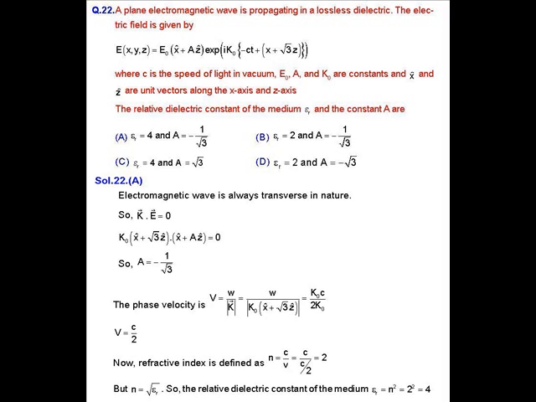So to calculate the relative dielectric constant, that is ER, we square the refractive index. So the relative dielectric constant of the medium will be equal to 2 squared, that is 4. So the correct option for us in this question will be option A.